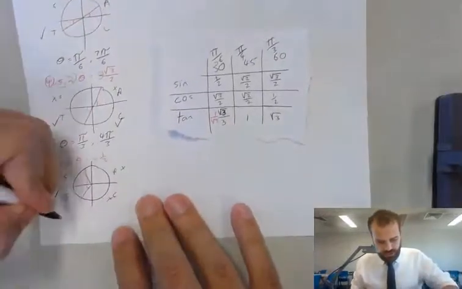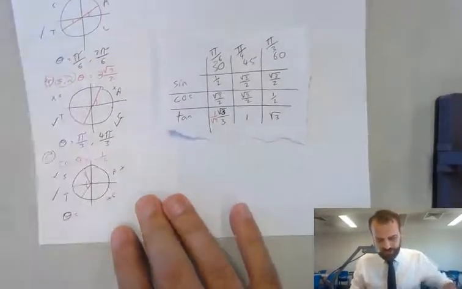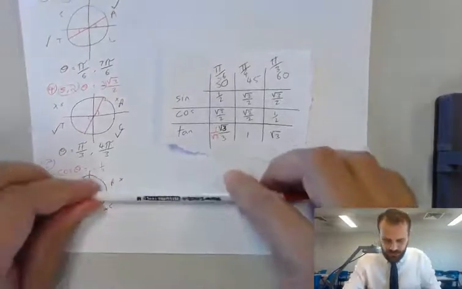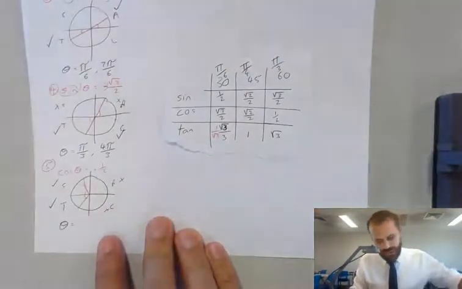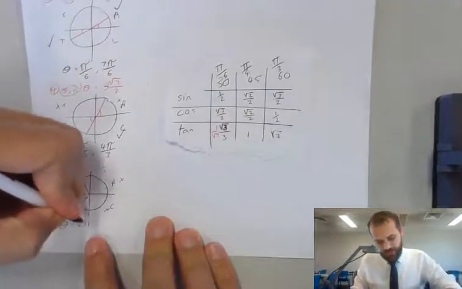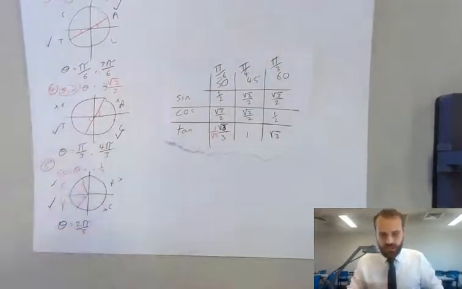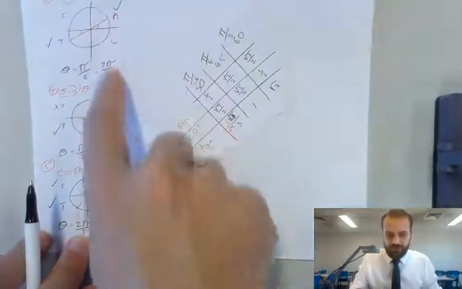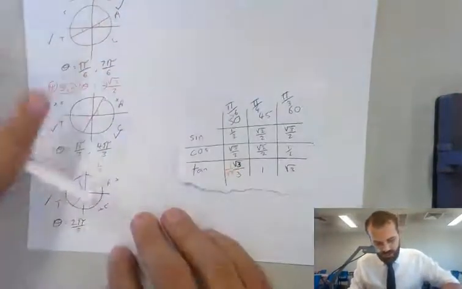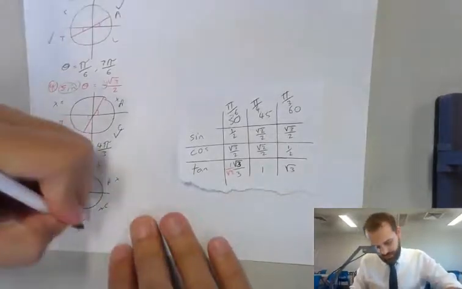Okay, so we've got theta equals pi on 3, 2 pi on 3. This is the first question where the answer hasn't been one of the basic angles. It's the first question where the answer hasn't been in the first quadrant. So 2 pi on 3, 3 pi on 3, 4 pi on 3.